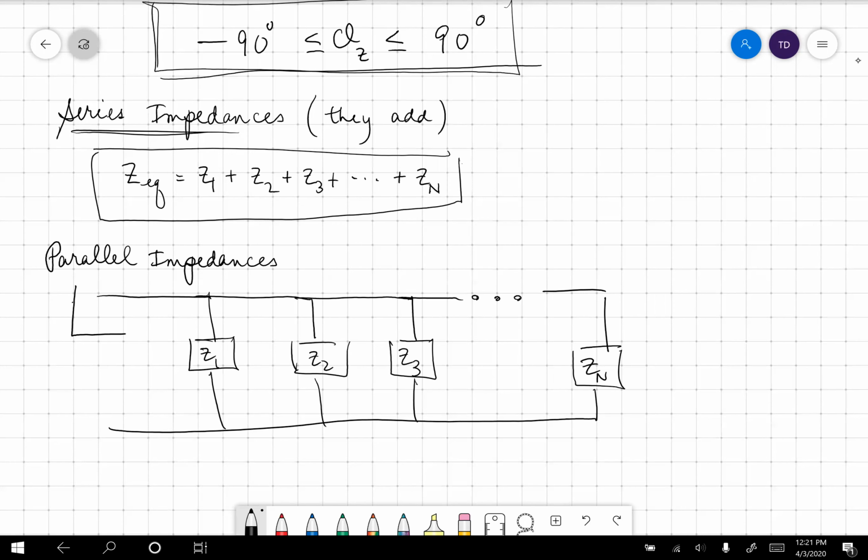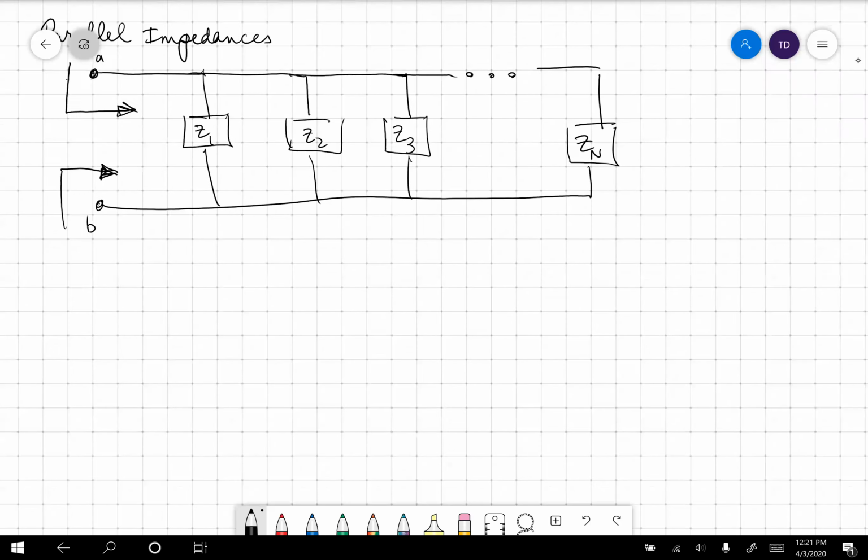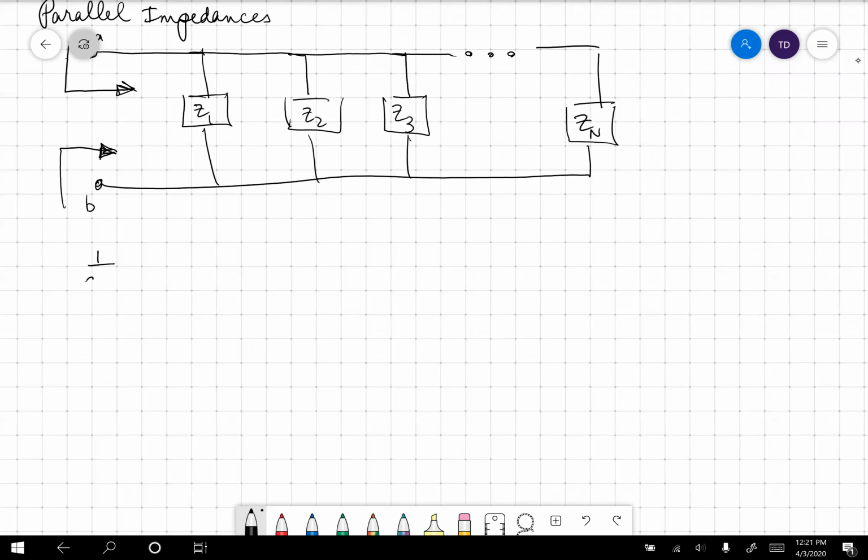When we look in here and ask what single equivalent impedance will have the same terminal effects at A and B, the answer is 1 over Z equivalent equals 1 over Z1 plus 1 over Z2 plus 1 over Z3 plus dot, dot, dot, 1 over Z sub n.